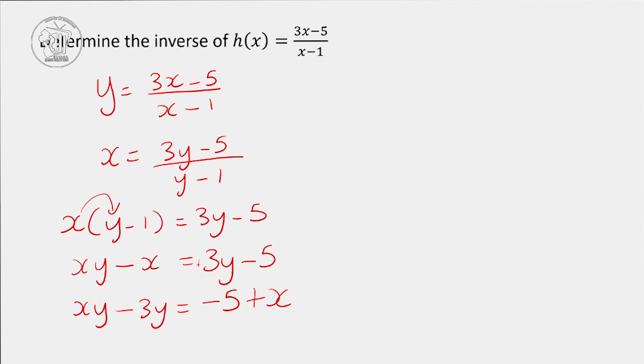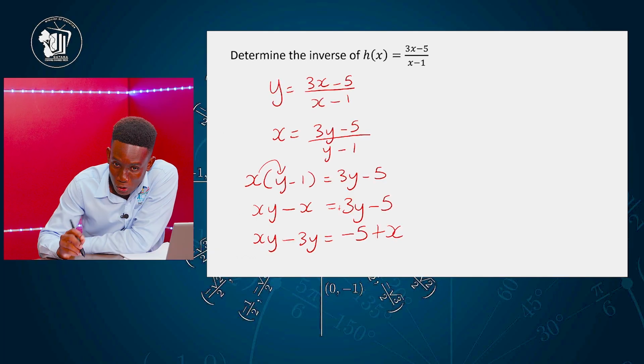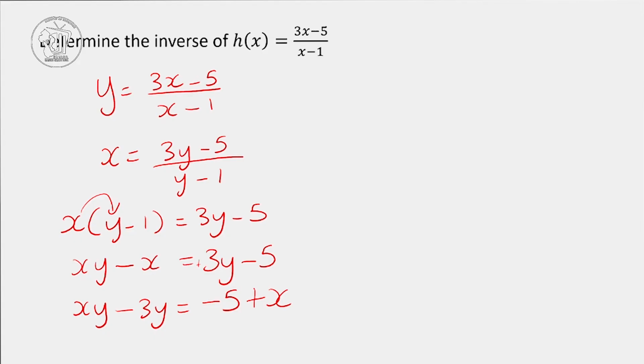So we have xy and we have 3y. The common factor we see there is y, so we factor out that y. When we factor out the y from xy, we're left with x. Subtract, when we factor out the y from 3y, we're left with 3. And that will be equal to negative 5 plus x.